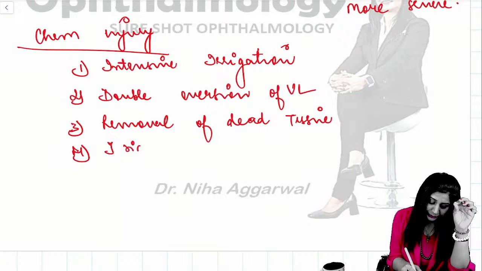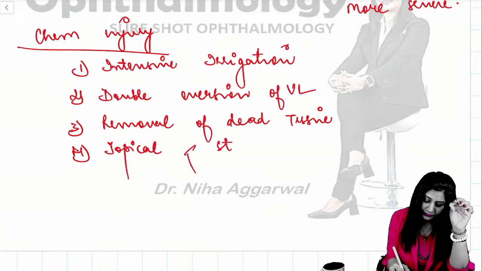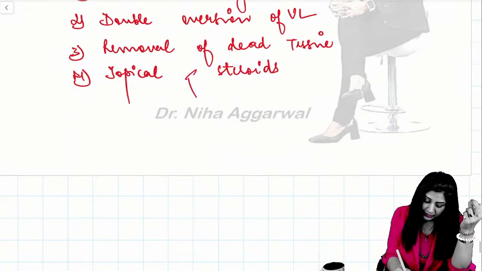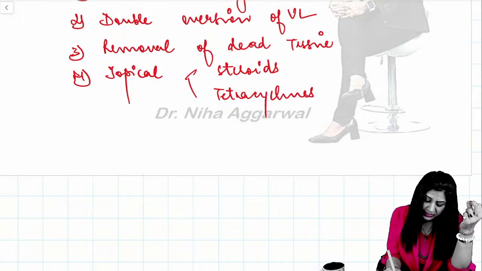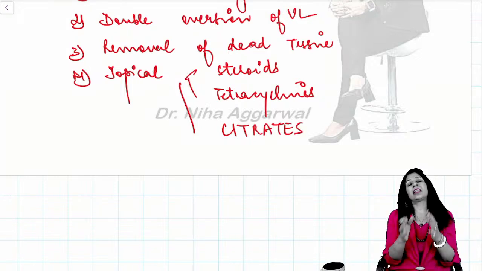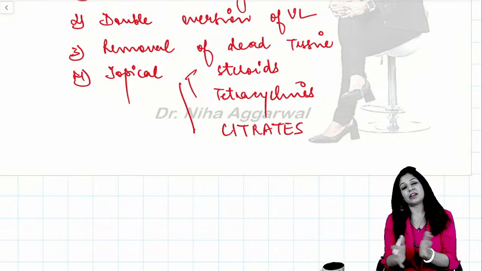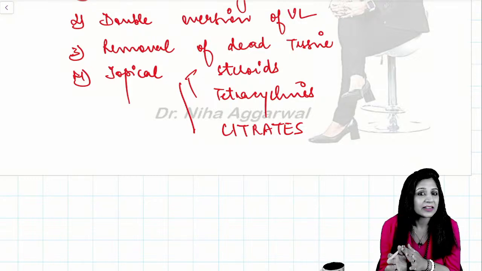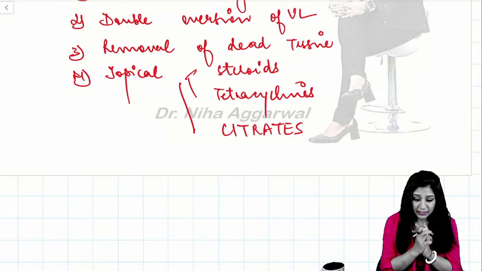I will give steroids because of a lot of congestion. I will give tetracycline or the tetracycline group of drugs, as well as citrates. These are the three drugs that we are going to give, because they are anti-proteolytic, anti-collagenolytic, and anti-neutrophilic. So they prevent perforation and act as an antidote. This is the treatment for chemical injuries.